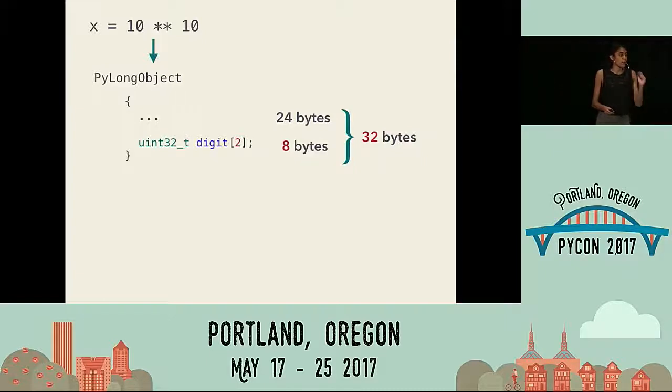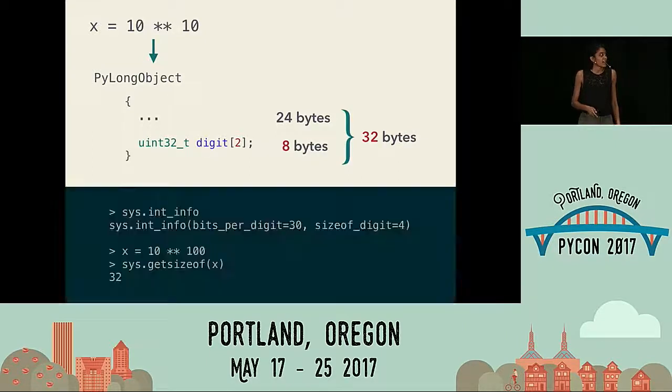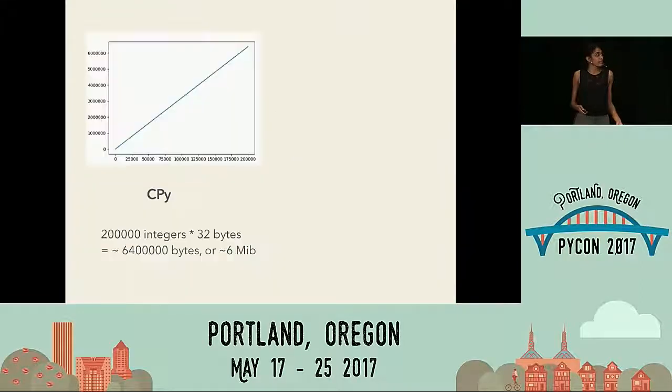So the maximum value of one of those digits is 2 to the 30 minus 1, right? And 10 to the 10 is greater than that number. So we end up using 2 digits. So the total size of that integer is 32 bytes. And again, we can use the sys module to make sure this all makes sense.